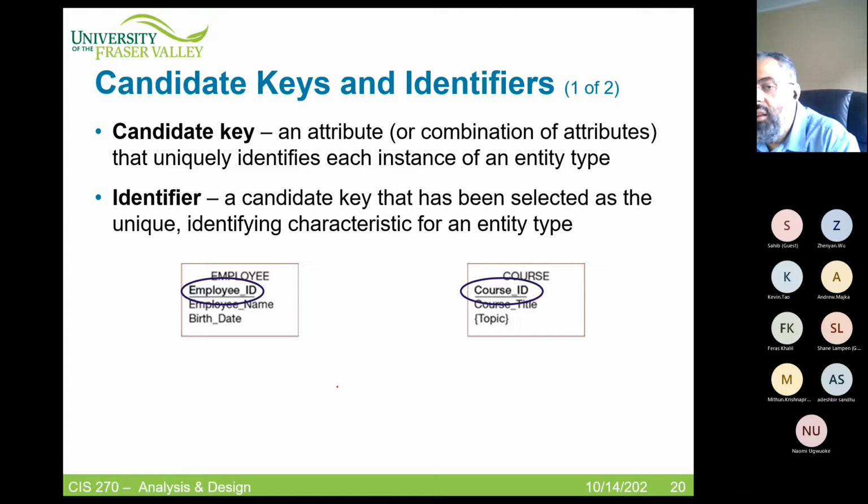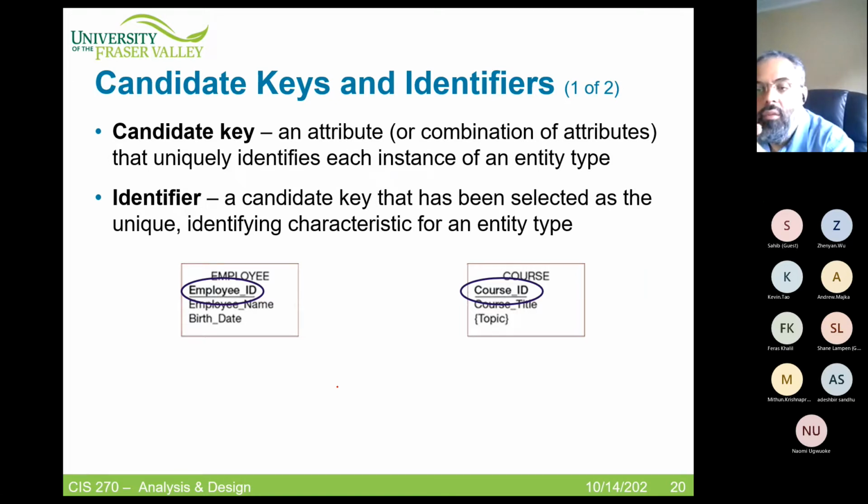First, we will have different candidate keys. What is meant by candidate key? From the word candidate, you will have more than one choice for the identifier. So either you will have employee ID, or sometimes you will have the employee name and date of birth. Both of them you can say are identifiers, because in the same company, you will not have the same name and the same date of birth.